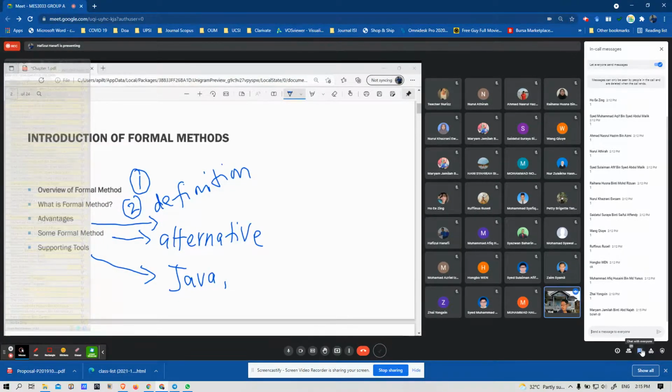Okay, this one is the tools that are being used. And then for the supporting tools, we have formal and informal tools. Supporting tools are divided into two, formal and informal. Later we discuss this one.